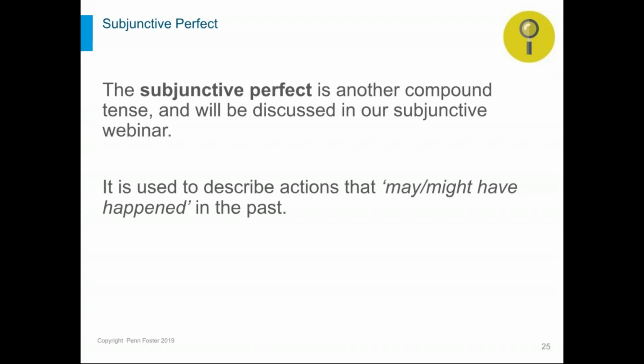I might have seen that movie. I just don't really remember. Something that we're not going to ask you to be familiar with as far as conjugations just yet, but we will discuss in future webinars coming in May. If you'd like to join us for those, we're going to break the subjunctive tense into 2 parts.